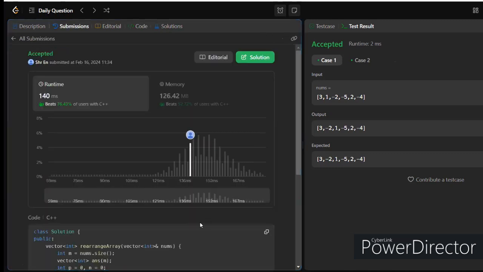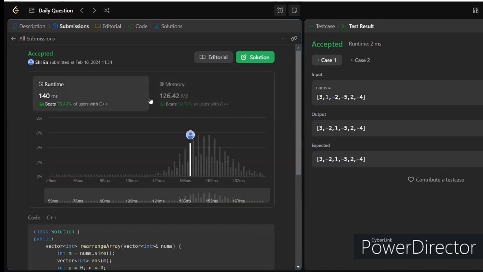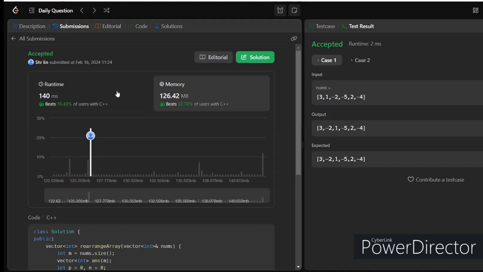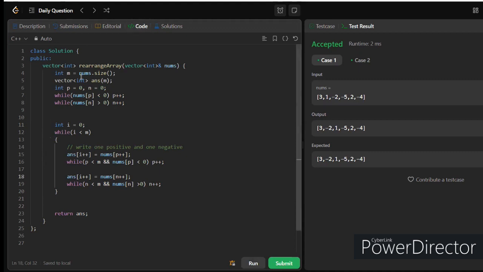Yeah, look at the runtime, although it didn't beat 100%, I think it's okay. Let's analyze the runtime and the memory. The runtime is just O(n), where n is the size of nums, because we only go through the array once.